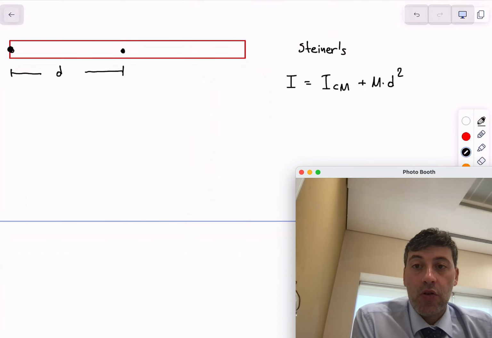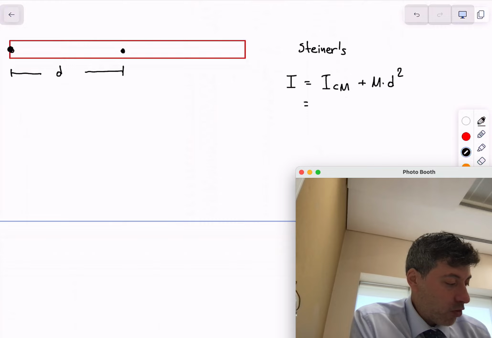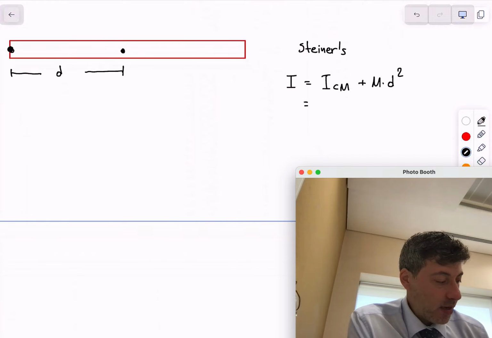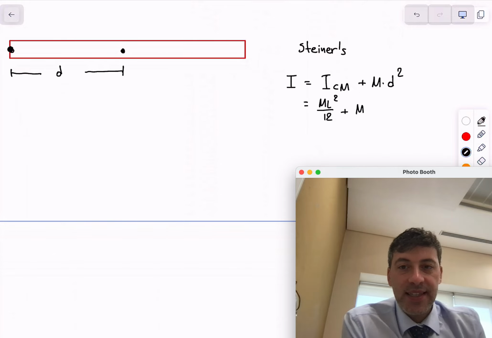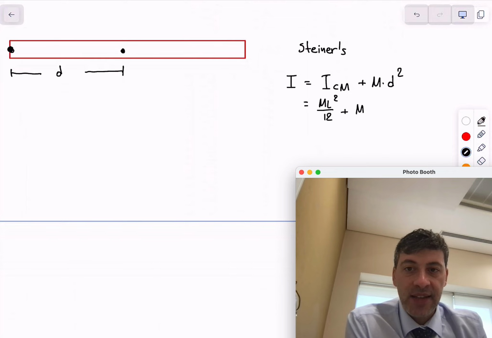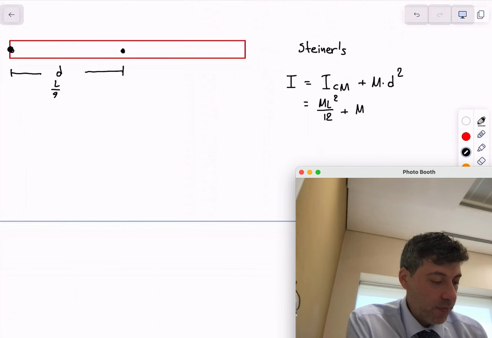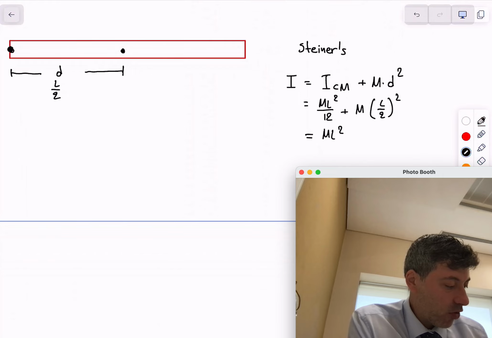Now, if we try to apply this, we get that the moment of inertia is mL squared over 12 plus m times the distance between the center of mass and the left end, which is half the length of the rod, so it is L over 2. So L over 2 to the power of 2. So this is mL squared over 12 plus mL squared over 4.